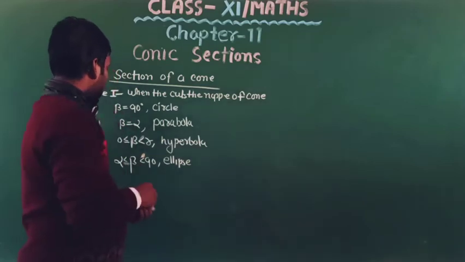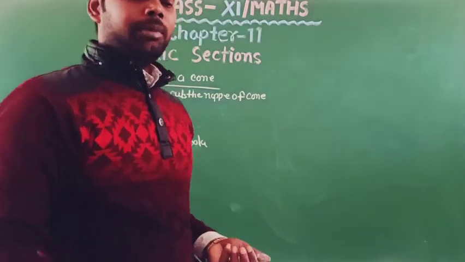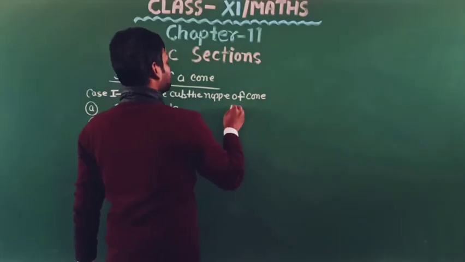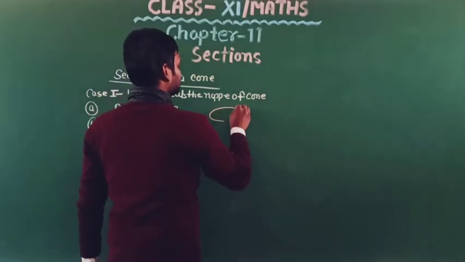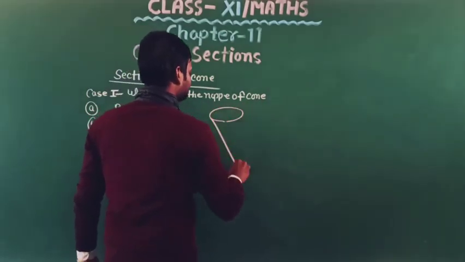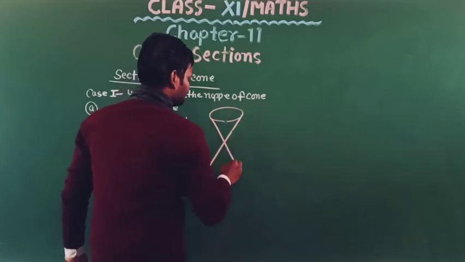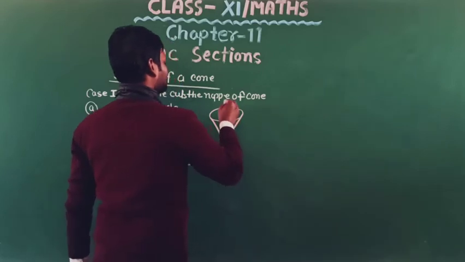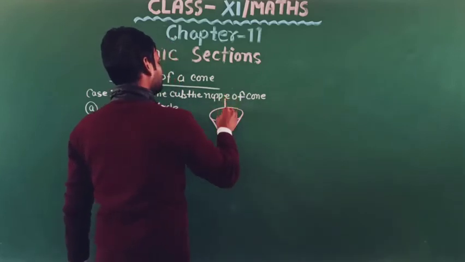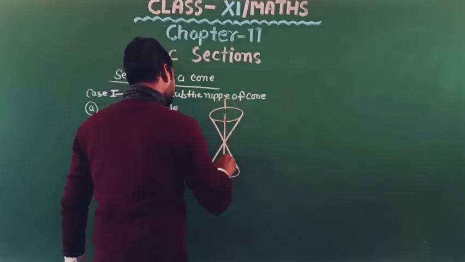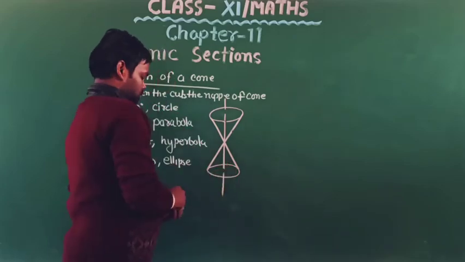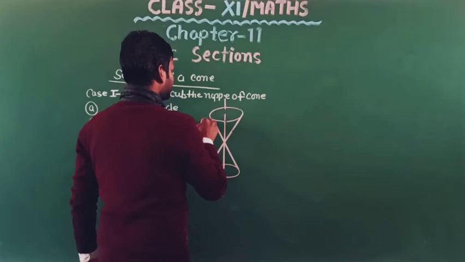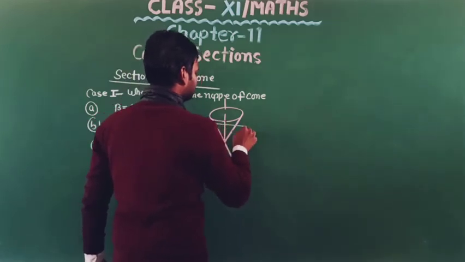Okay, this is the figure of an ellipse. So the figure we can see, this is a double right hollow cone. Okay, and suppose this is a plane.